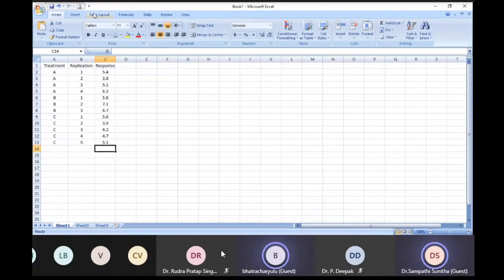Sir, do you want me to share the Design Expert? I have Design Expert with me. Yes, you can share. Can I request the person to give me the sharing option? I already gave you the trial version, but I'm getting some problem with it. I gave you the full version yesterday night. I have the other version, sir, version 12. I will share it with you. Online, ma'am, it is not possible to share. Should I make you presenter, ma'am?